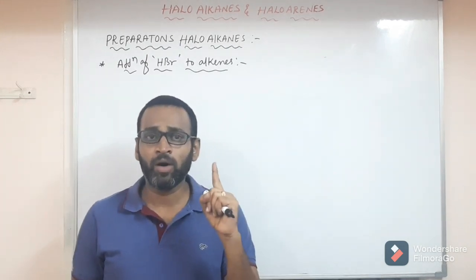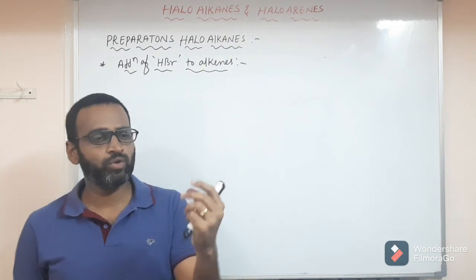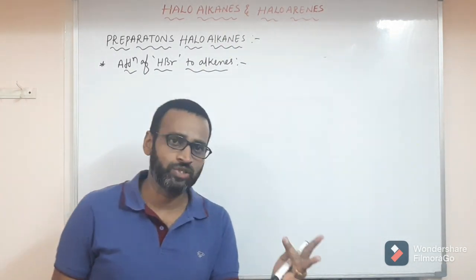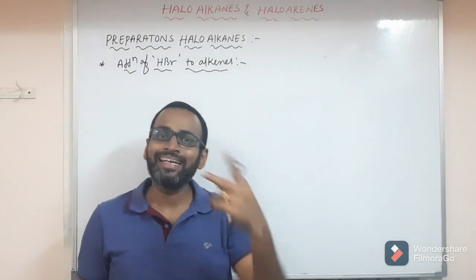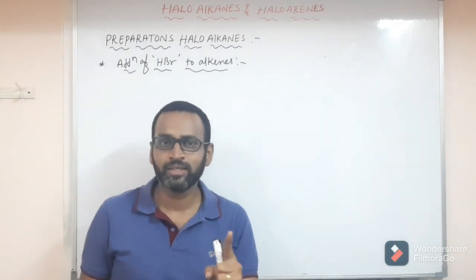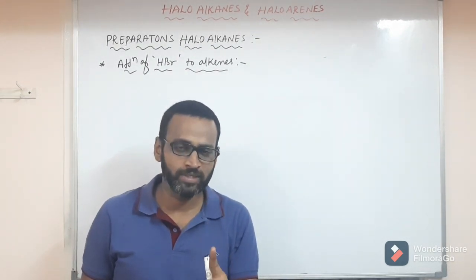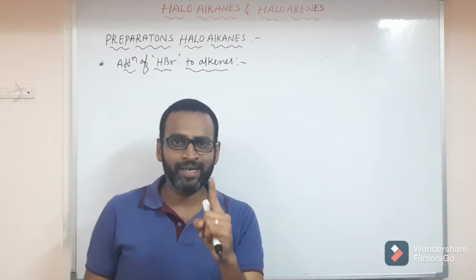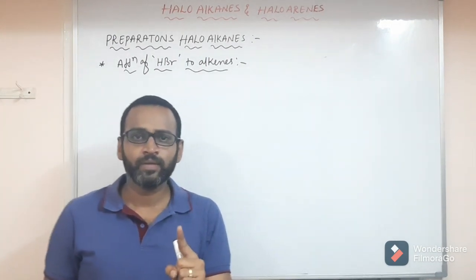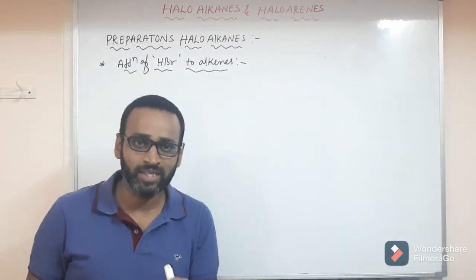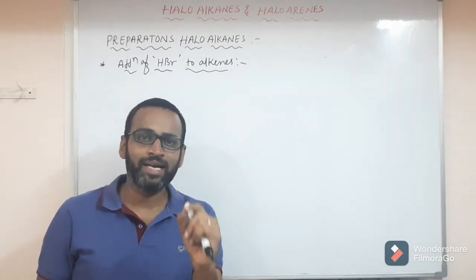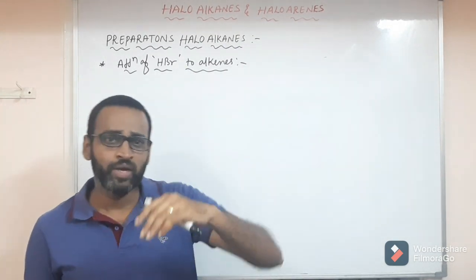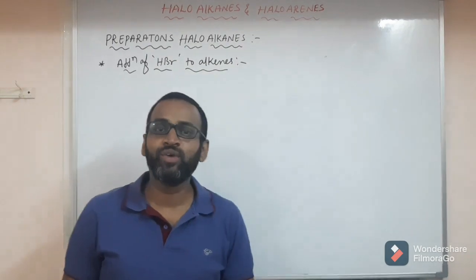So this Markovnikov rule we will follow for HCl, HBr, HI. One more is there, the Anti-Markovnikov rule. What does the Anti-Markovnikov rule mean? According to the Anti-Markovnikov rule, in presence of peroxide, the negative species will add to the double bonded carbon which has more hydrogens.